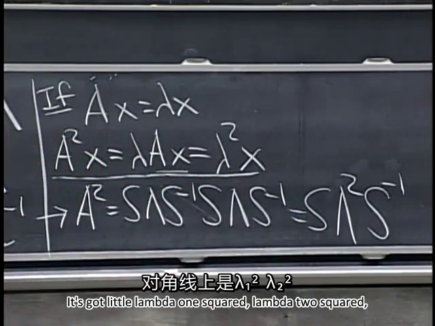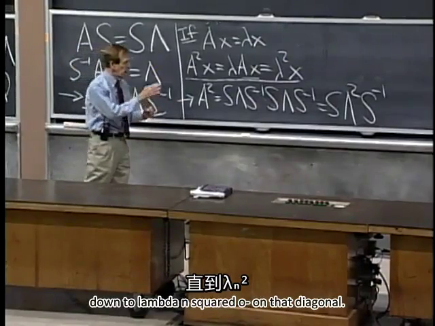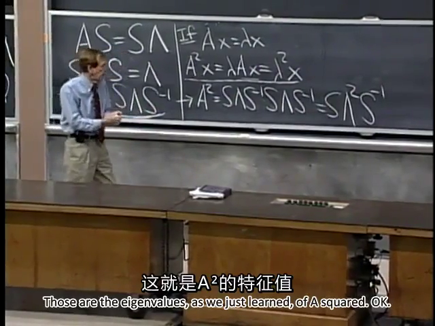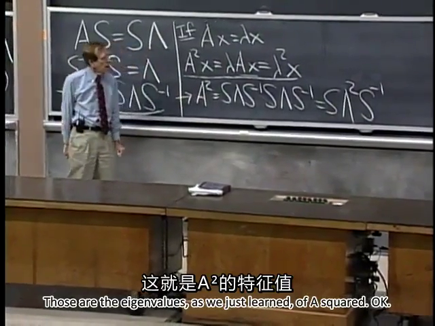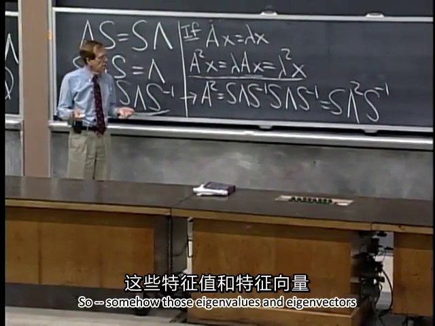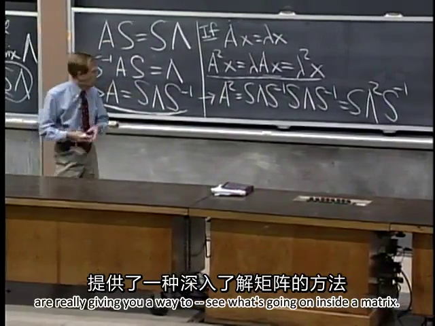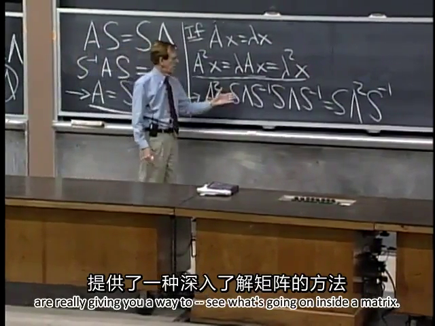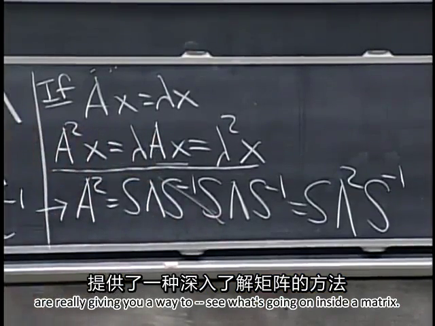It's got lambda 1 squared, lambda 2 squared, down to lambda n squared on that diagonal. Those are the eigenvalues, as we just learned, of A squared. So somehow those eigenvalues and eigenvectors are really giving you a way to see what's going on inside a matrix.